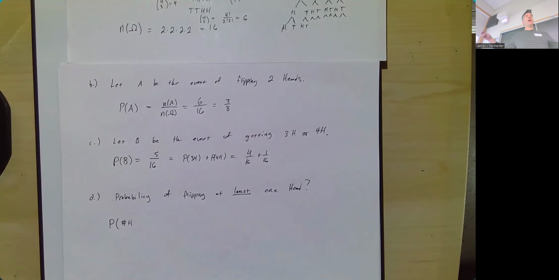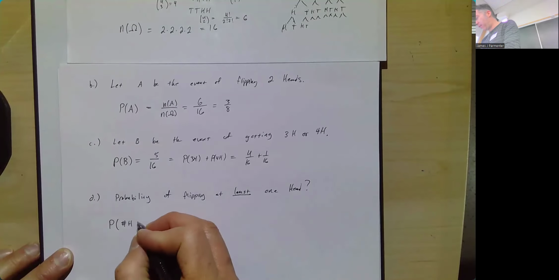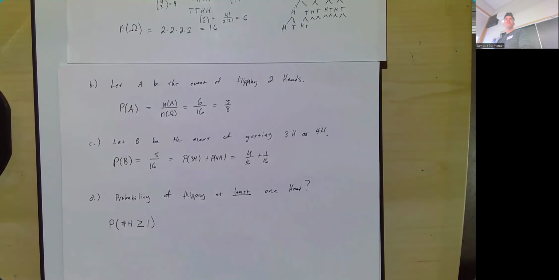Older. If I say I want to be at least a certain number, it means I am that number or larger. So when I say I want at least 1 head, I want the number of heads to be greater than or equal to 1. If I said at most 3 heads, I would want the number of heads to be less than or equal to 3, because 3 should be the biggest value.